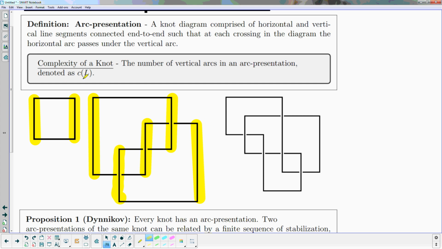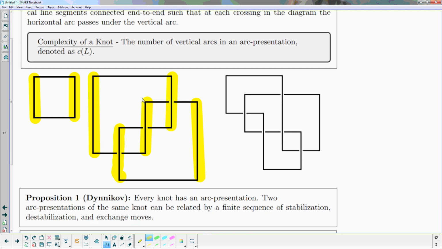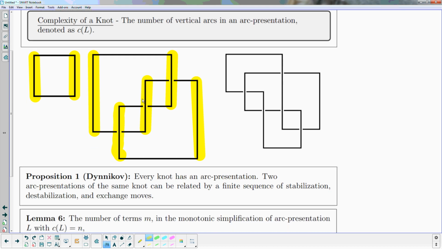The reason we denote this with a C of L, C for complexity, is that L stands in this paper a lot of times for the arc presentation diagram of the knot. So not using K, and L not really standing for length, but standing for the arc presentation.